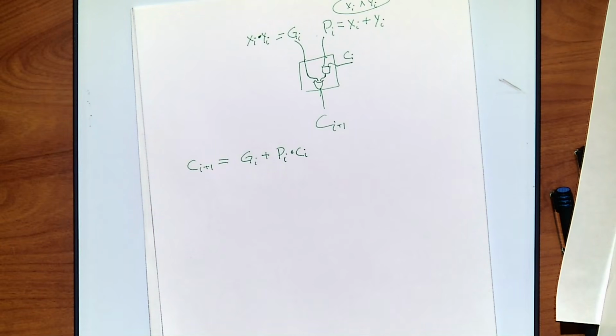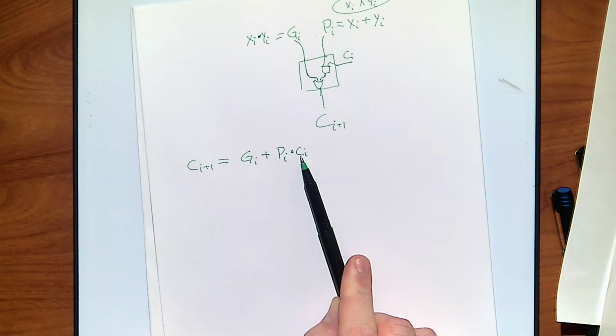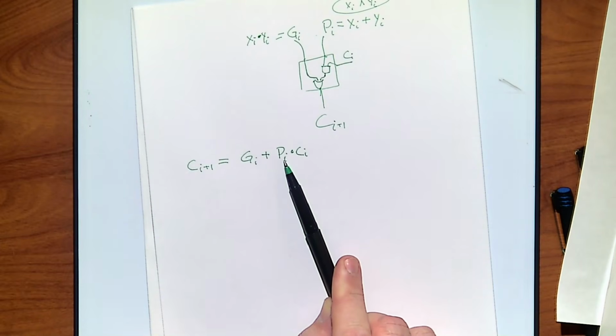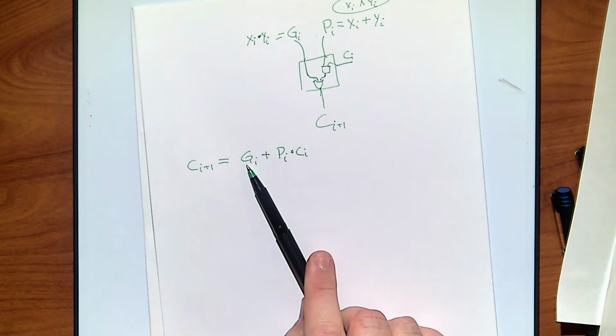All this is saying is, either there was a carry coming in and I can propagate, or a new one just started at this level because the bits were both one. We agree? This is fair?